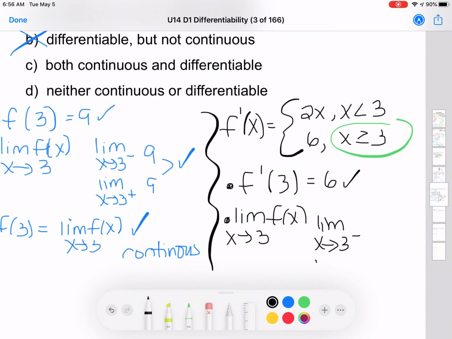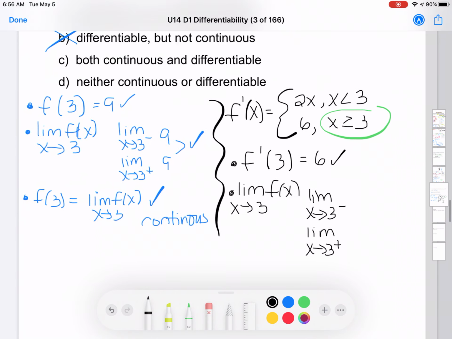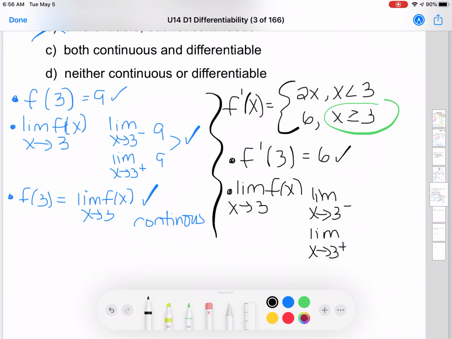So we'll approach from the left. We'll approach from the right. A little bit less than 3 means we're plugging into this piece. We get 6. A little bit bigger than 3, we're plugging into this one. We get 6. These guys are the same. That's great.